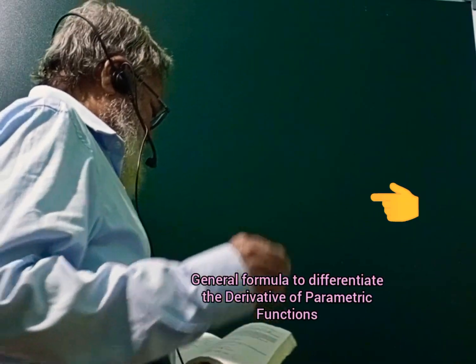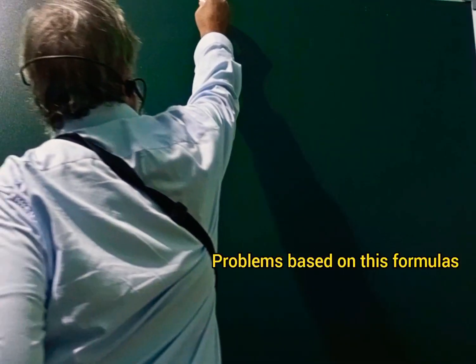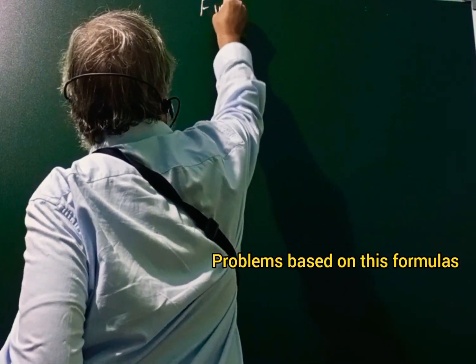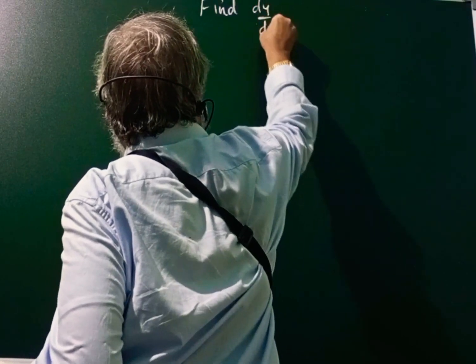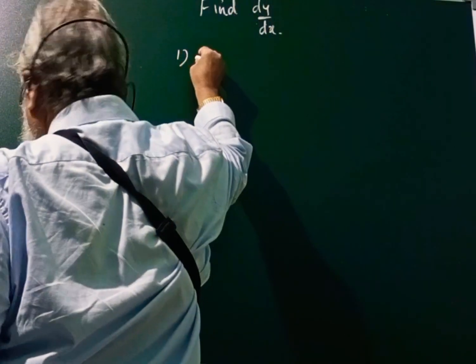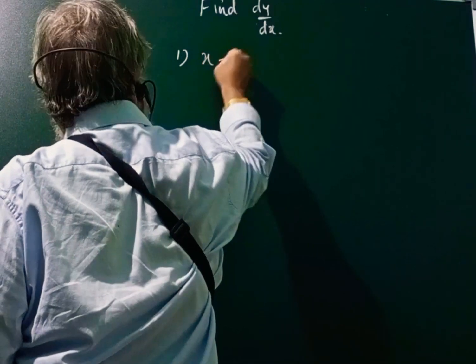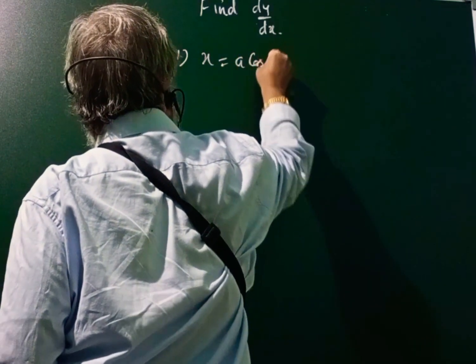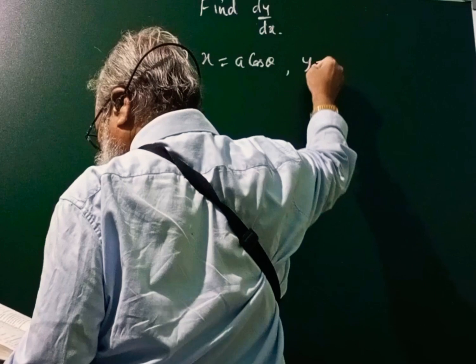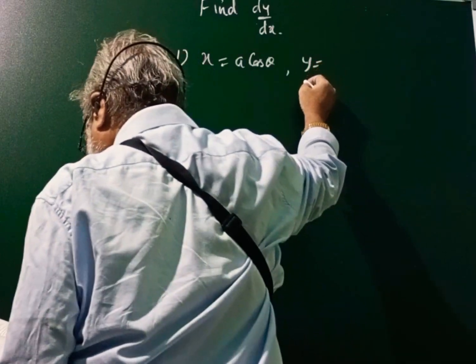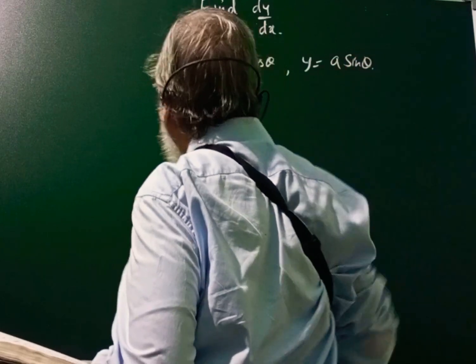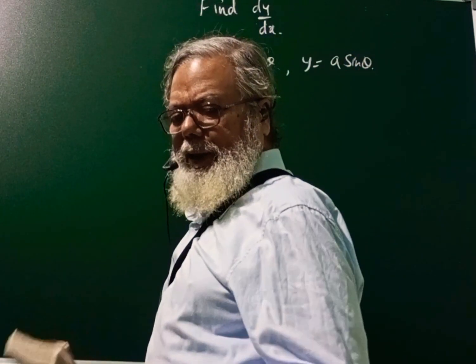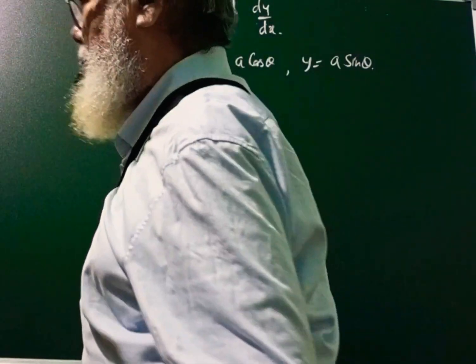Now problems on the parametric function. Find dy by dx. First one, x is equal to a cos theta, y is equal to a sin theta.